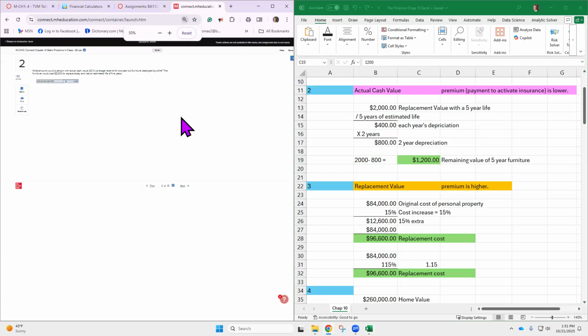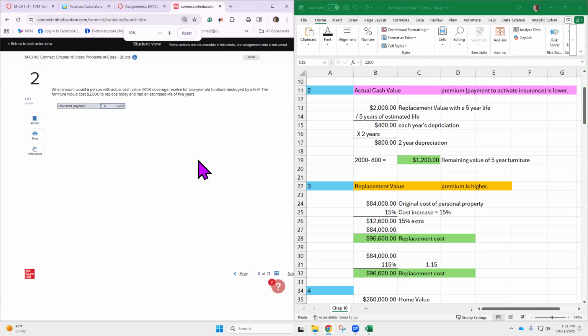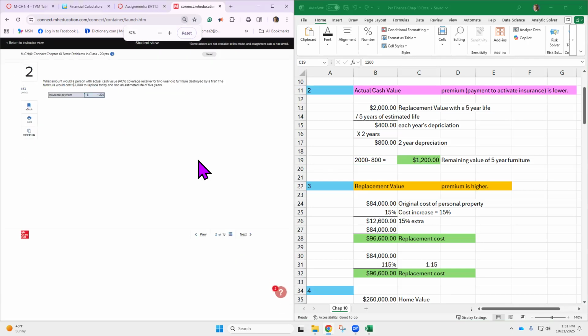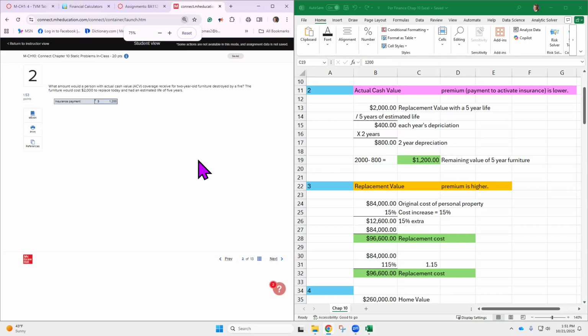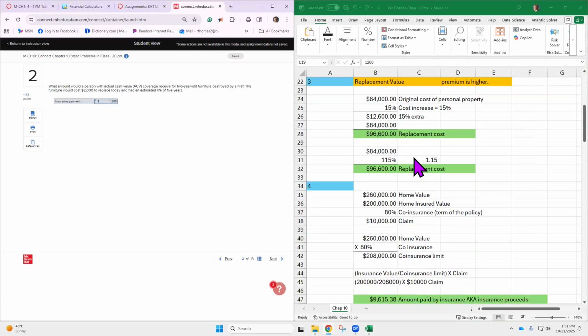But you'll have to come up with the other 800 if you want to replace it for yourself. Actual cash value takes into account the life of the furniture, how old something is. If something is supposed to last 5 years and it's beyond 5 years, then you won't get anything.